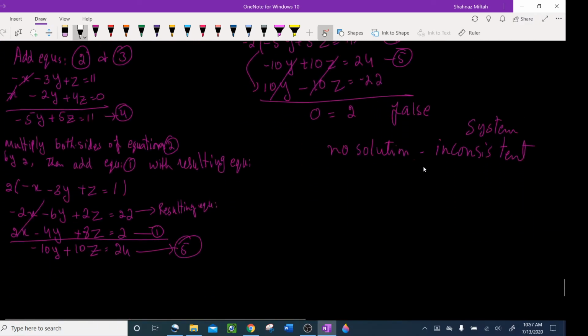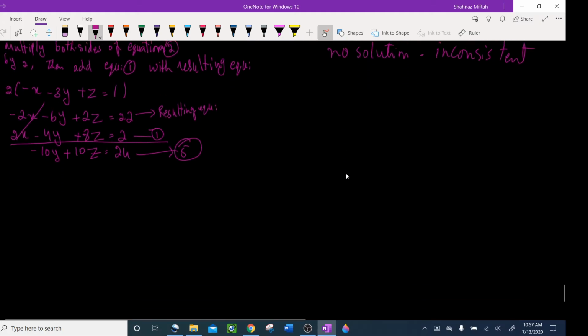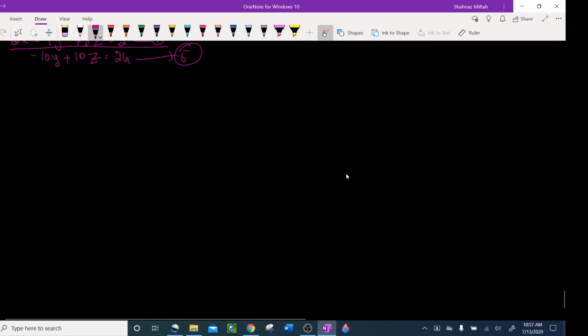In this case, since I'm getting something like that, there is no way I can proceed. The system is inconsistent and there is no solution for it. Okay, so let's do another example.